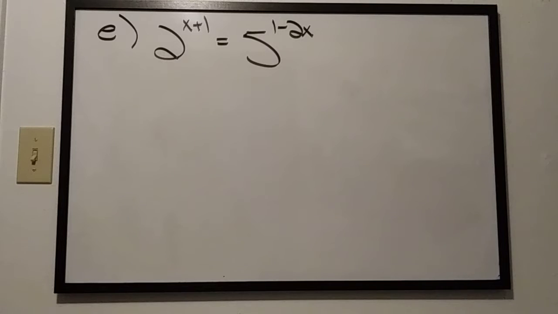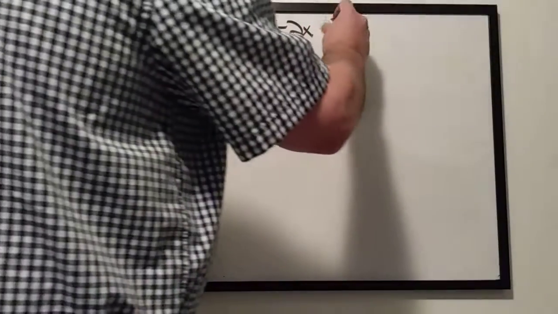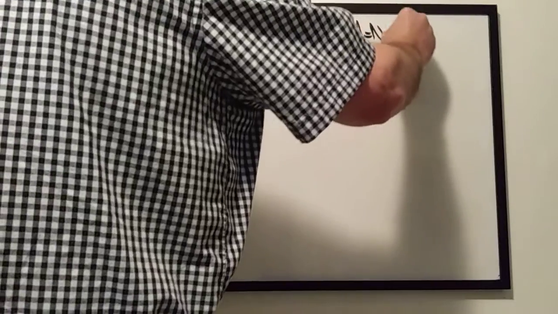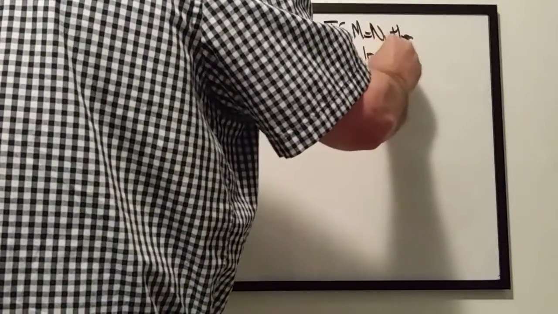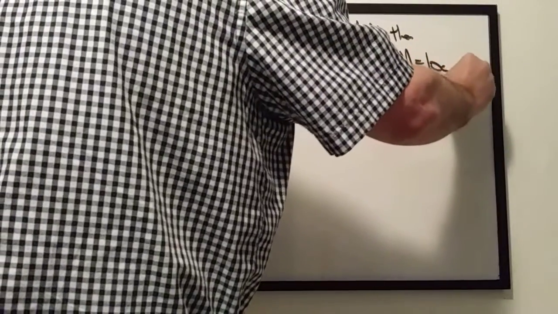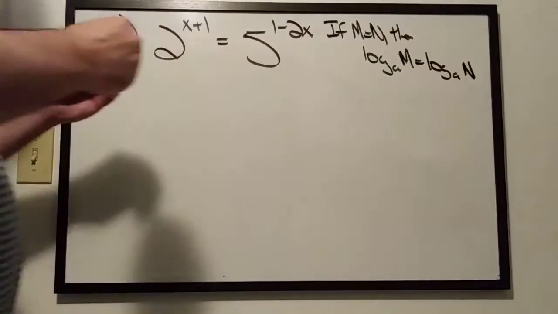So what we're going to have to do is use one of the properties that we talked about in section 6.5. And it was one of the properties associated with the fact that logarithmic functions are one-to-one. So what we saw was that if m is equal to n, then log base a of m has to equal log base a of n.